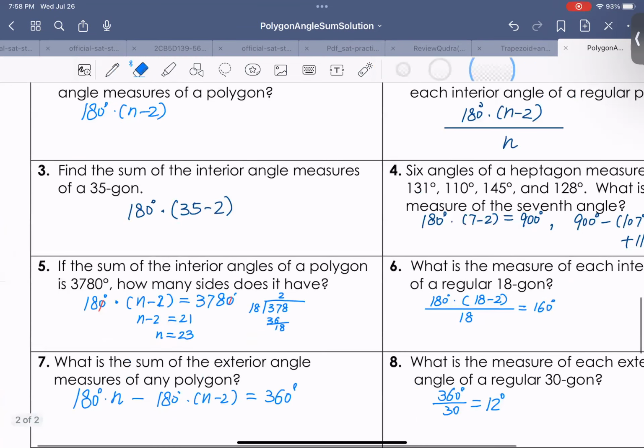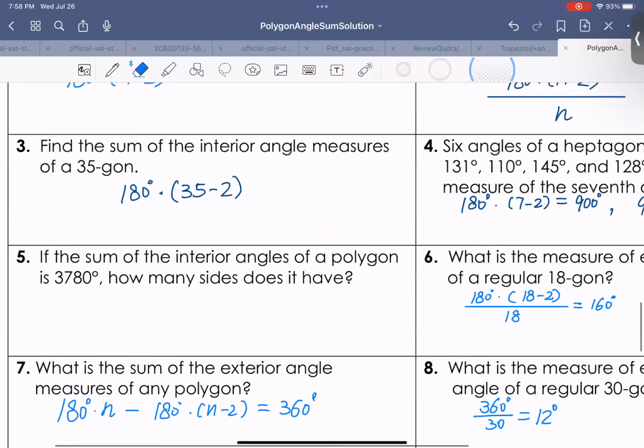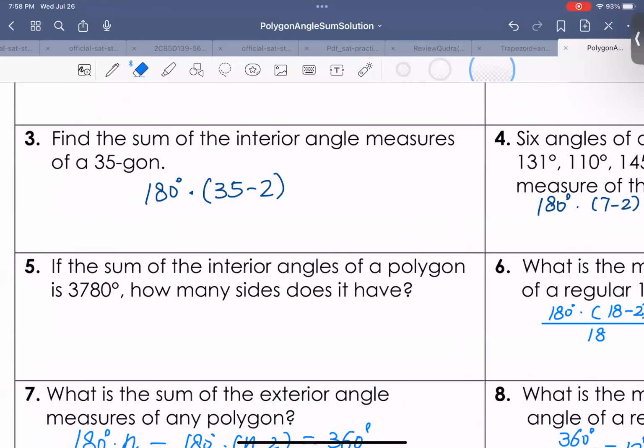Next one. Steven, you do one more. Number 5. 180 times n minus 2 equals 3,780. We don't want to solve by calculator. We want to solve this by hand.